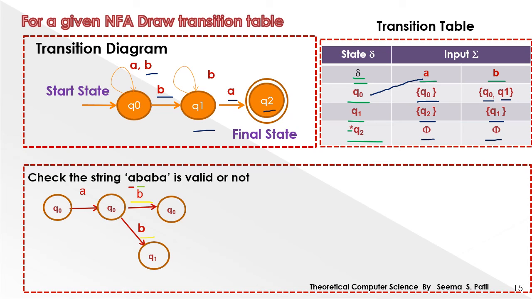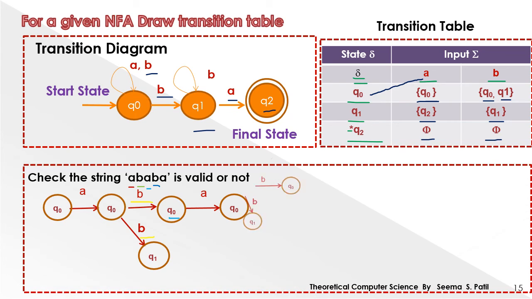Okay. Then next term is small a. For getting small a, there is only one path from Q0 again on itself. So you will get here A, which will go to the state Q0. Then you want B. How you will get B?